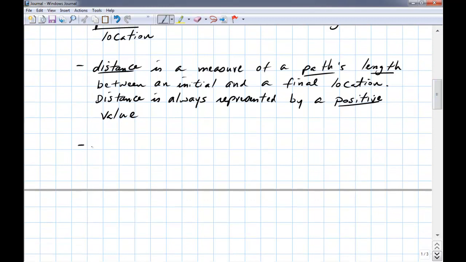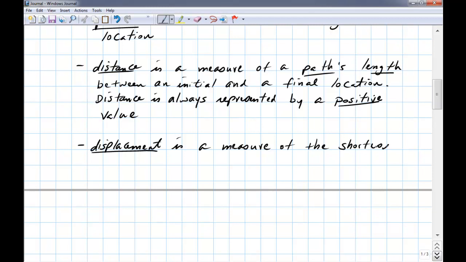Let's now define something called displacement. Displacement is a measure of the shortest length between an initial and a final location.